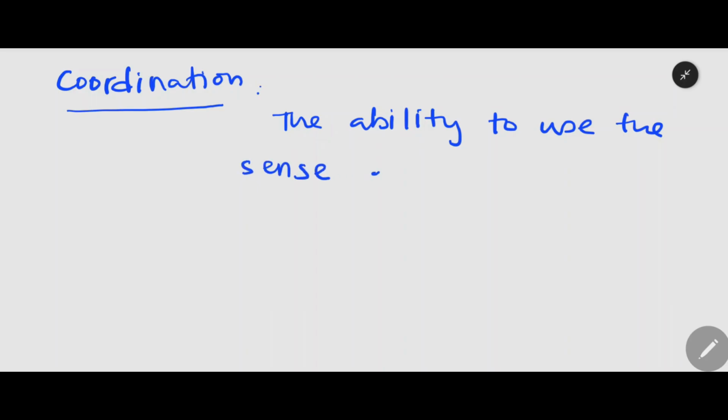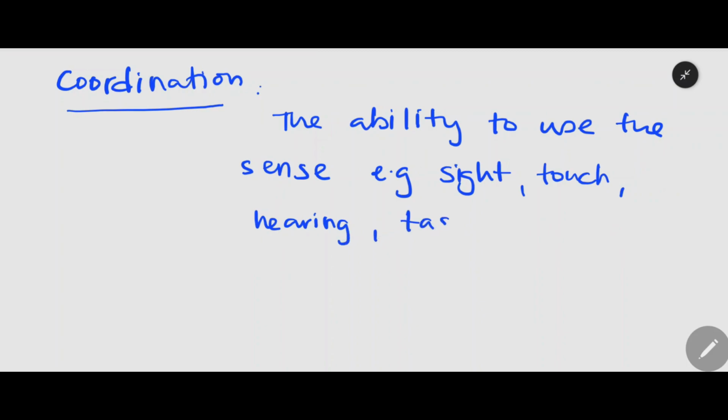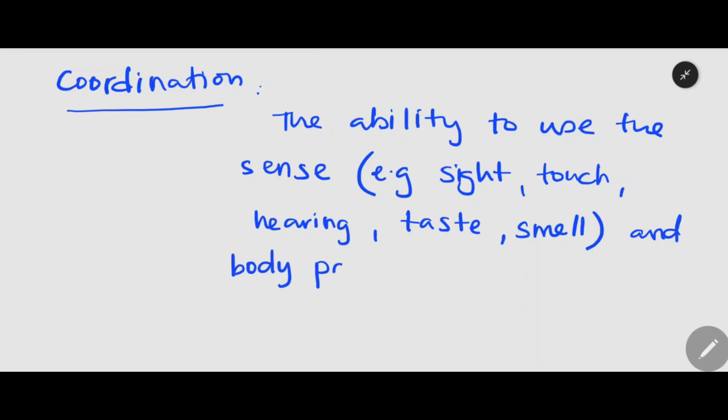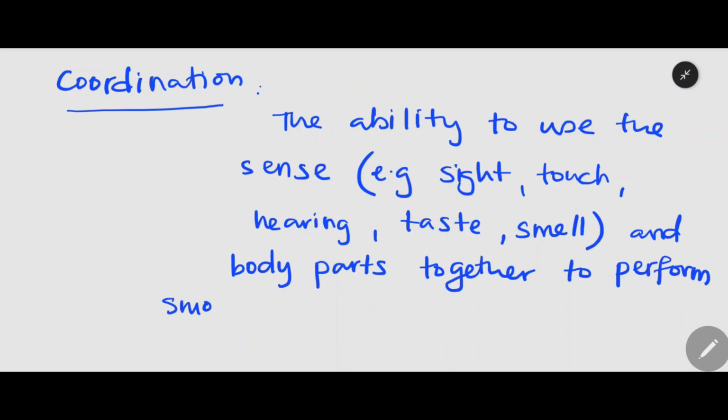So your 5 senses, which are sight, touch or feel, hearing, I guess taste, and smell, and body parts together to perform movements smoothly and accurately.